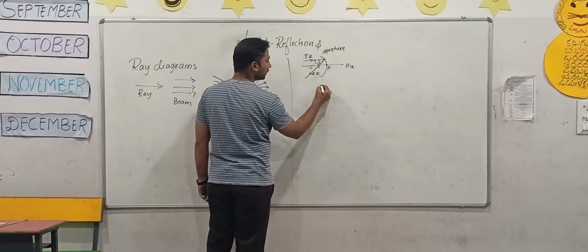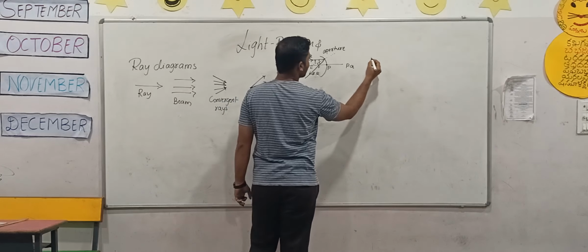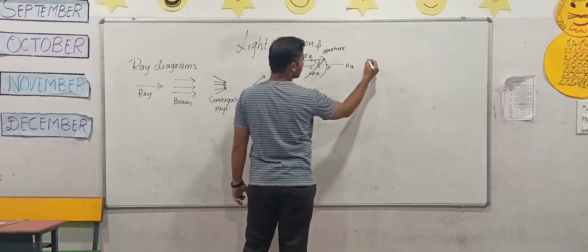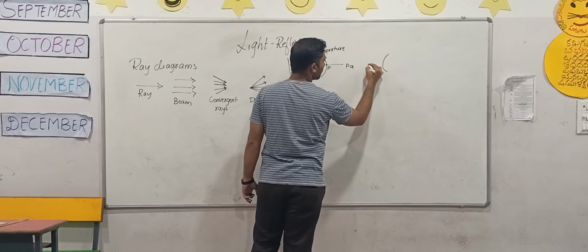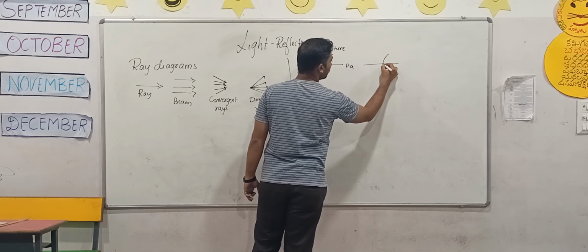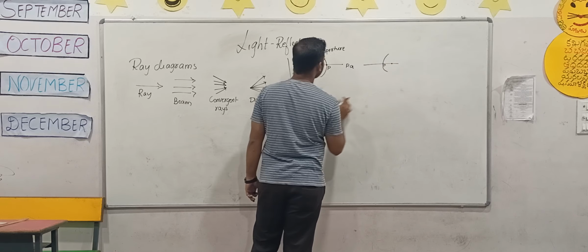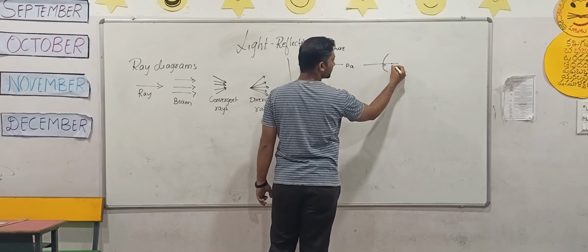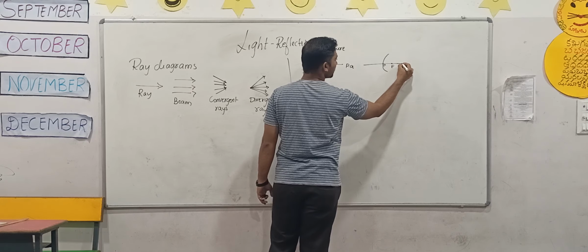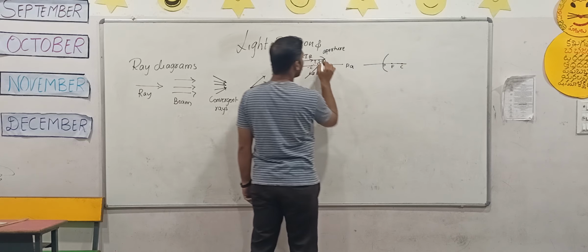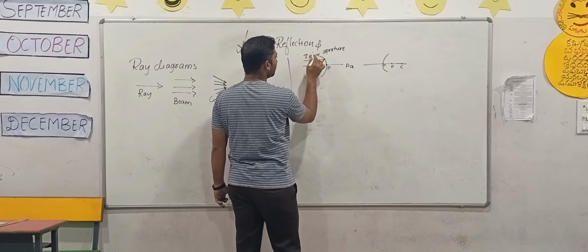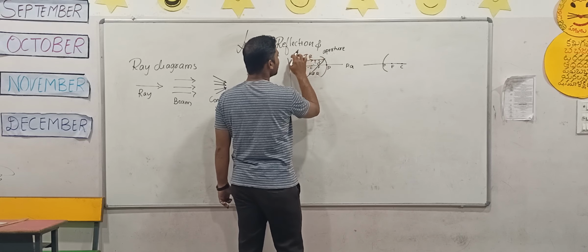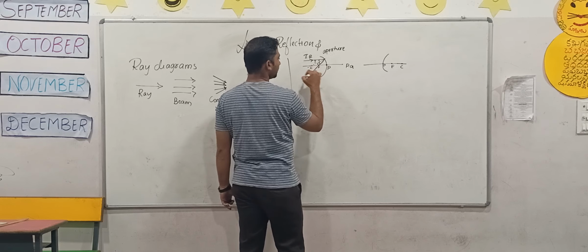For the convex mirror, it is the same pole, but the difference is that the focus is on this side, the right side, and the center of curvature is on this side, because imagine a circle completing on the left side, so its imaginary center is this side.